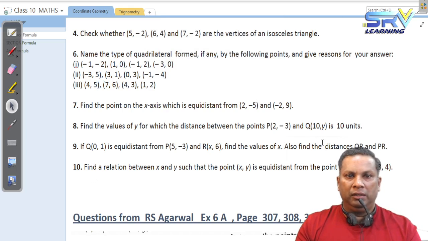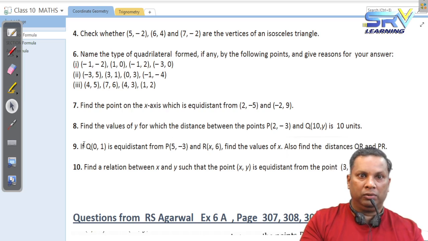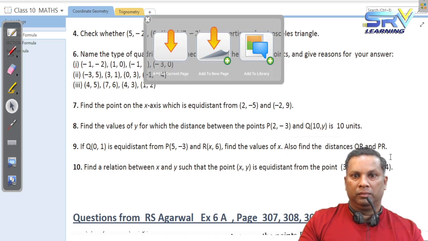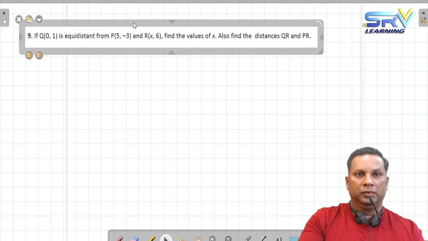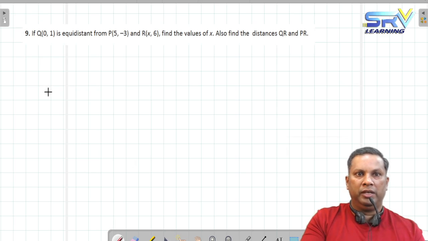Now he is telling that one point is equidistant from 2 points and we have to find the value of x, and then we have to find the distances also. Okay, so I will show you this one. He is telling Q is equidistant from P and R. So that means अपने पास एक Q point है. ज़रूरी नहीं है they are on the same line, but he is telling that they are equidistant.